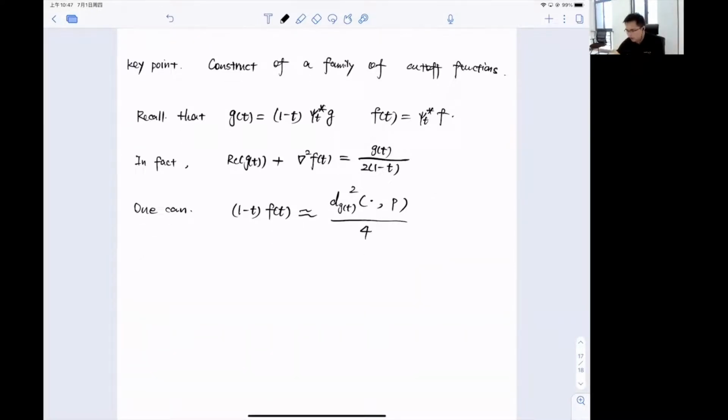So that means (1 minus t) f_t is almost the same as d squared over 4. So it gives us another replacement for the distance function, but at a possibly different time t.